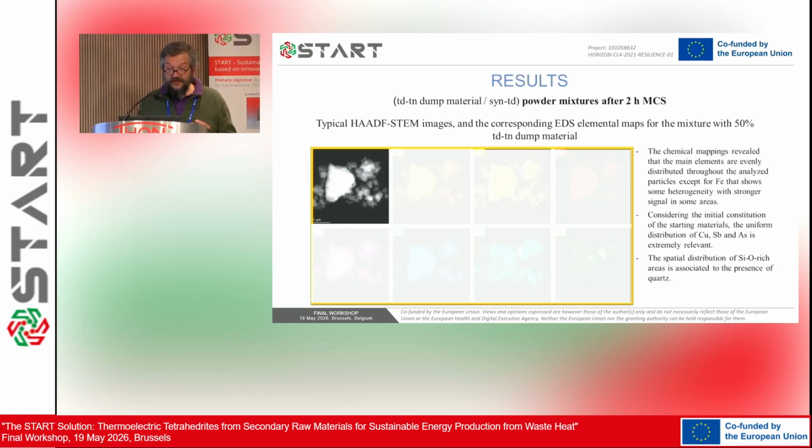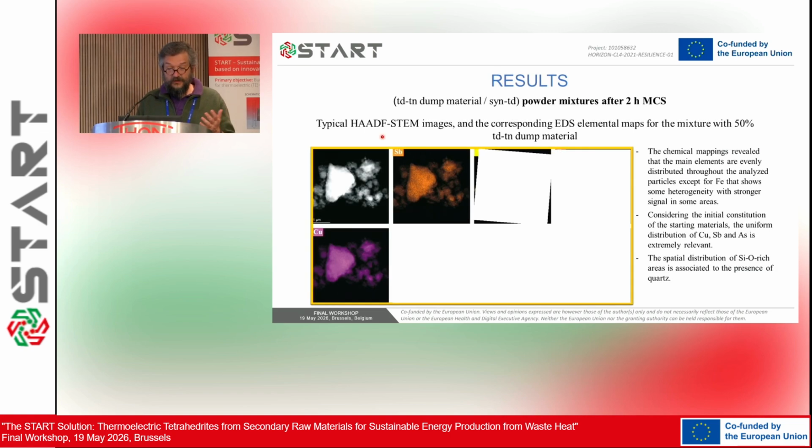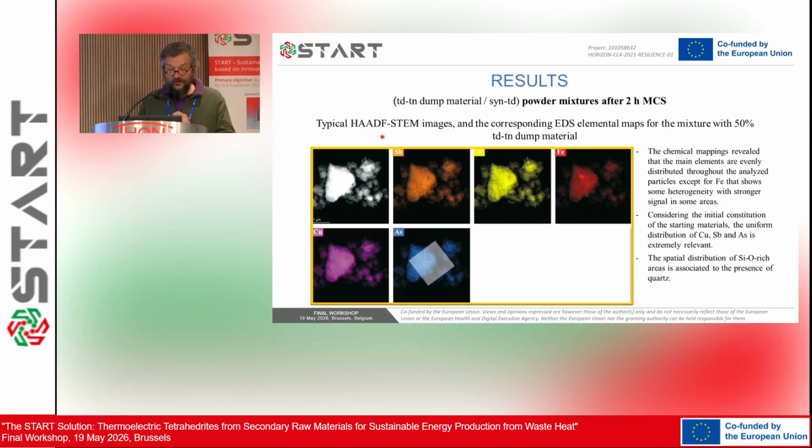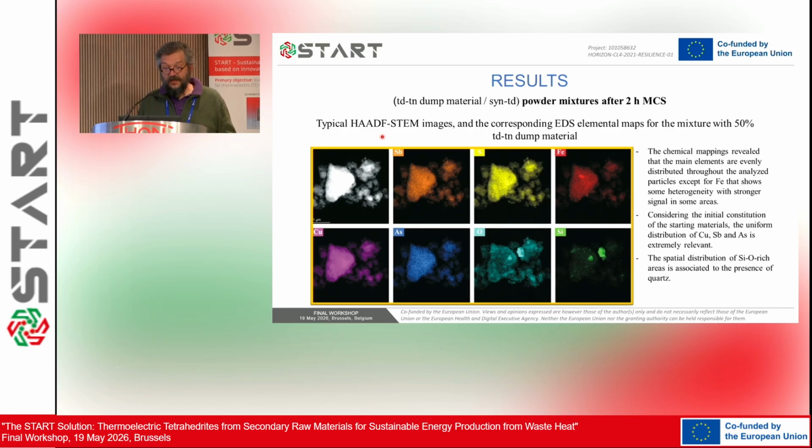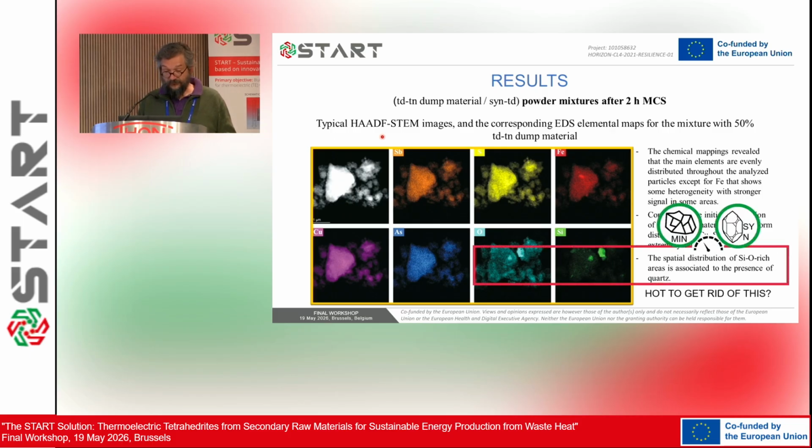Doing this is effective. We have seen it. The dispersion of elements is going well. All the sulfur is where it should be, iron too. But we also find arsenic and silicon oxide, and these are elements that are coming from the mineral.